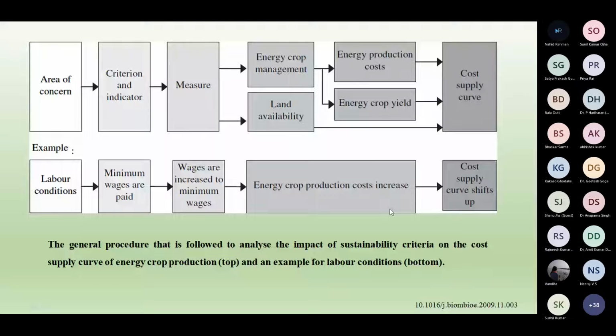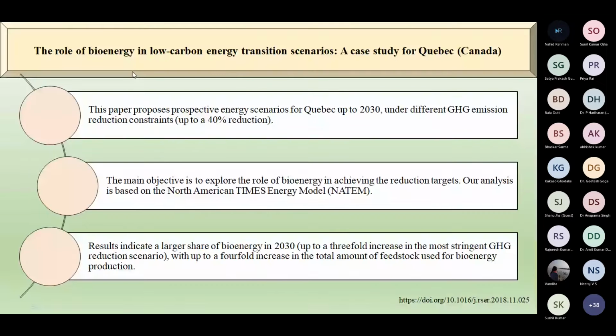In Canada, a case study was planned and done on the role of bioenergy in a low carbon energy transition scenario. And results indicated that with a large share of bioenergy in 2030, there is a reduction in GHG, provided there is a fourfold increase in the amount of feedstock.